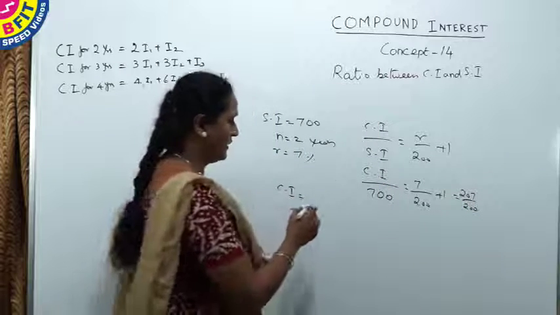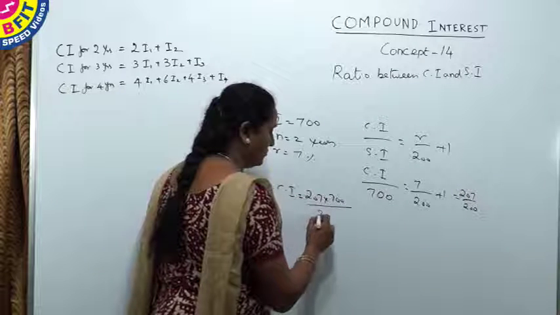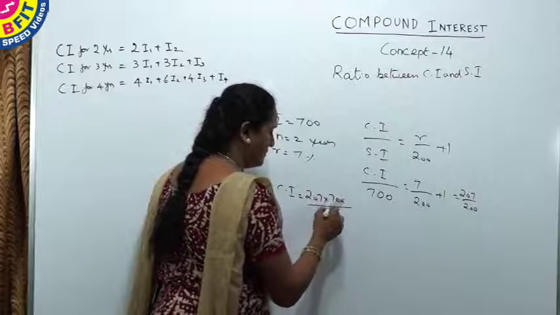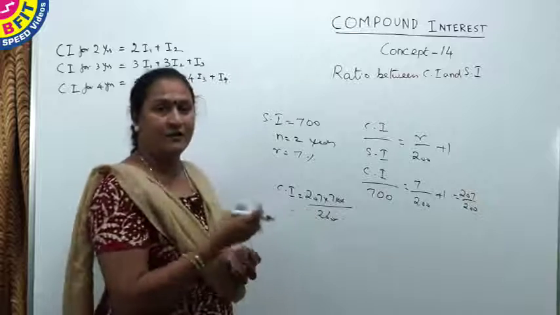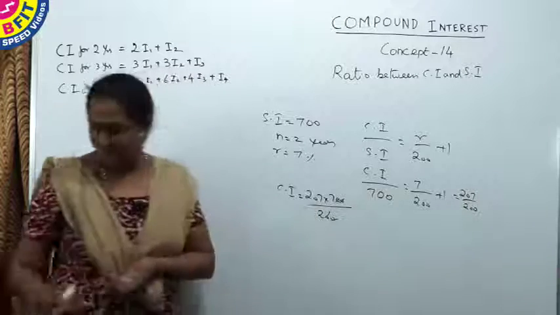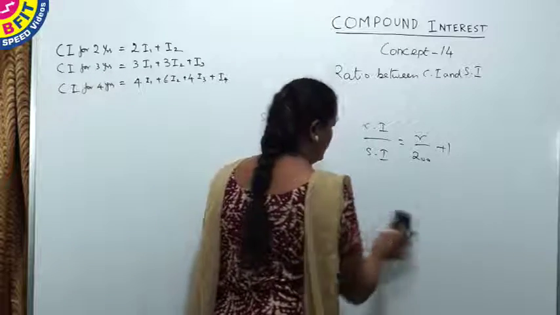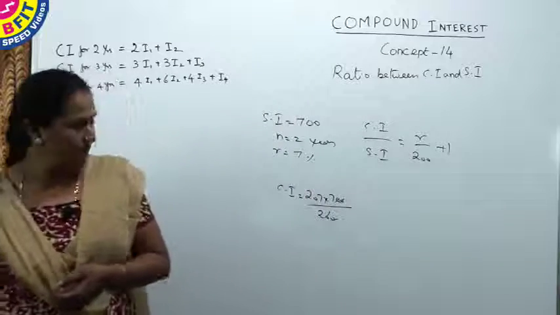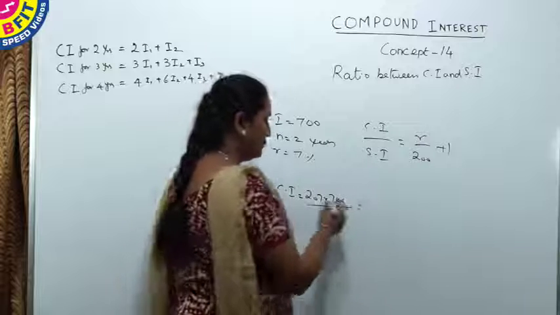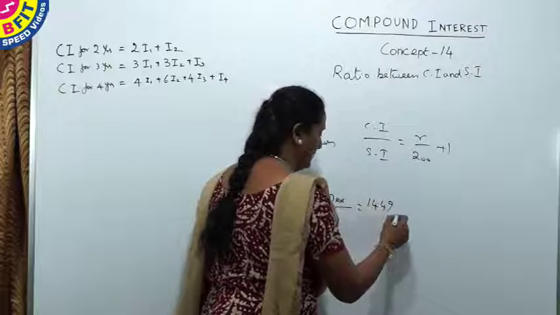So compound interest is 207 into 700 by 200. By cancelling this, we get compound interest for 2 years at 7%. 207 into 7 is 1449.